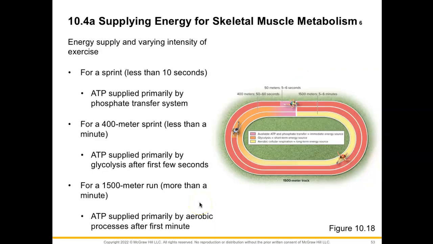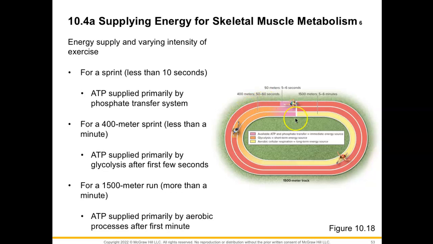And our skeletal muscle metabolism will be chosen based on the intensity of an exercise. So for someone who is performing a sprint that's going to be less than 10 seconds, ATP is supplied primarily by a phosphate transfer system, meaning we're using that myokinase or creatine kinase.